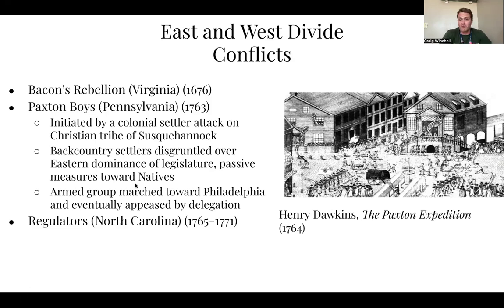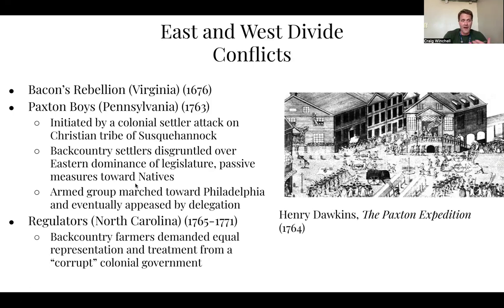And then the Regulator movement in North Carolina follows a similar pattern. What do you know? It's backcountry frontier farmers that want more representation, more power, a voice in their colonial government, that they see as corrupt and only serving the planter elites.